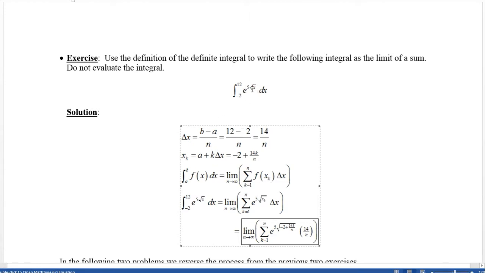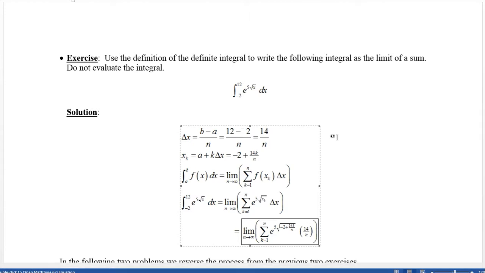So just wherever there's an x, put an x sub k. So it's e to the power of 5 times the square root of x sub k, and then we still have our delta x. So we just replaced this function here, f of x sub k, taking the original thing that's right here, sometimes called the integrand, the e to the 5 square root of x, and just put the x sub k in place of the x.